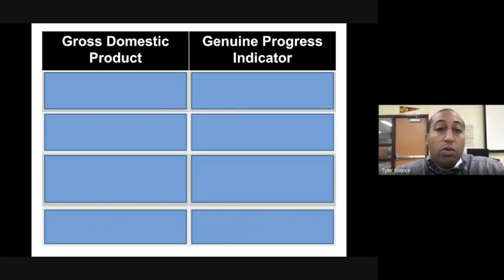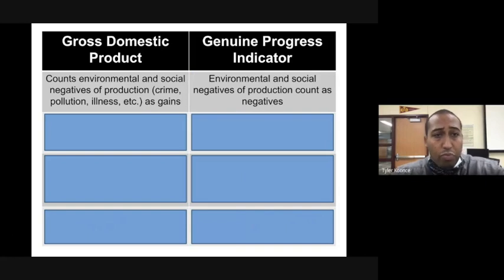Gross domestic product counts the environmental and social negatives of production as gains, so it moves away from really thinking about the environment. Whereas GPI sees those environmental and social negatives as a negative.